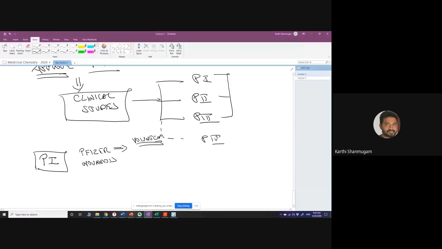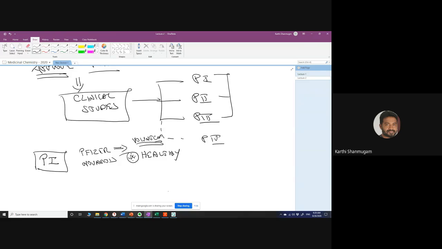For phase 1 clinical trials, they need healthy volunteers. It's a very interesting thing. The drug molecule is designed for some disease, but in the phase 1 clinical trial, they look for a person who is very healthy, having no diseases, right? Those are called healthy volunteers.